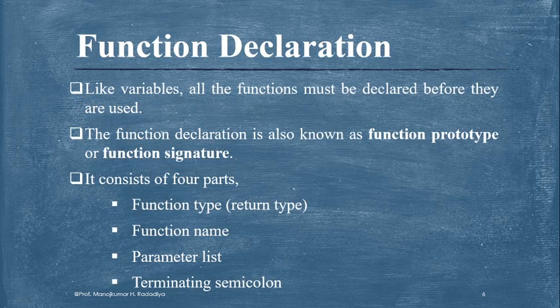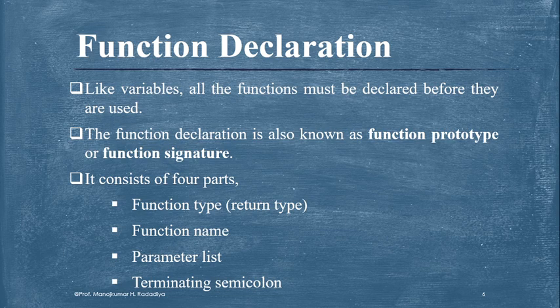We are continuing with the first one, called function declaration. Like a variable, all functions must be declared before they are used. For example, when we write any C program and want to use a variable, we first declare the variable, like int a semicolon.